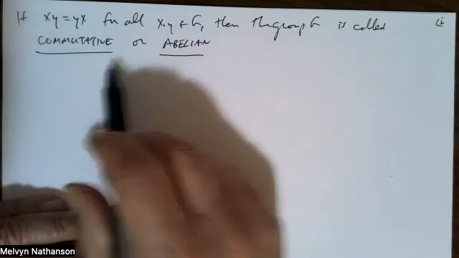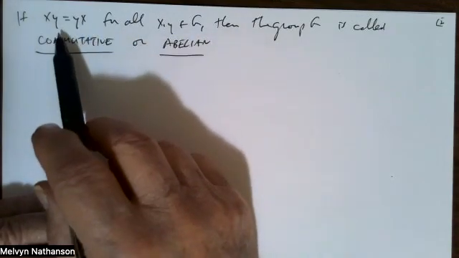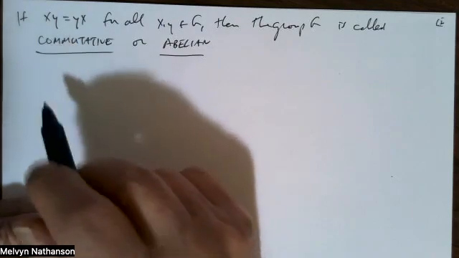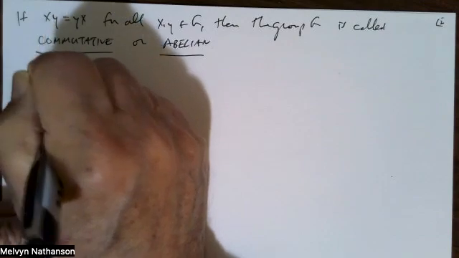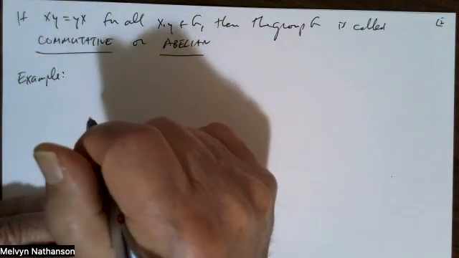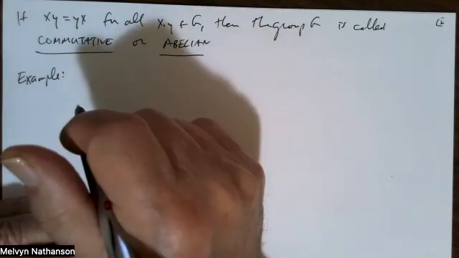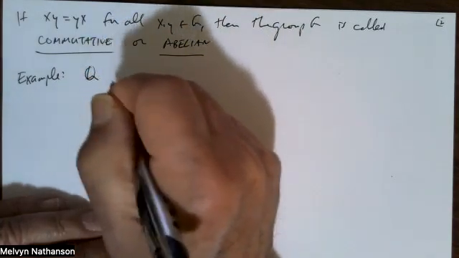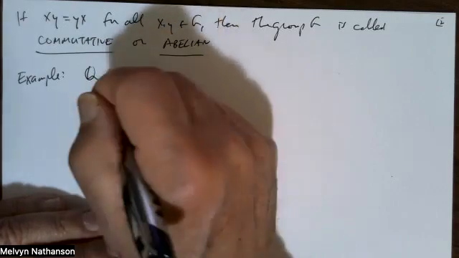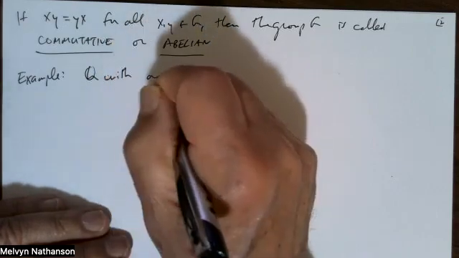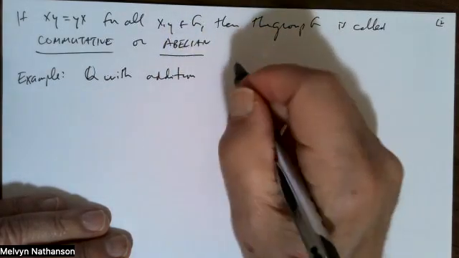So a commutative group or an abelian group is a group where the order of the multiplication of the group operation doesn't matter. For example, suppose we take the rational numbers, Q, with addition as the binary operation.